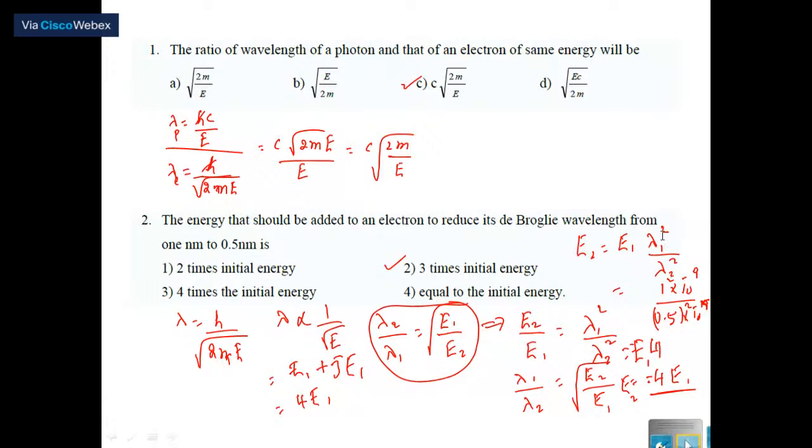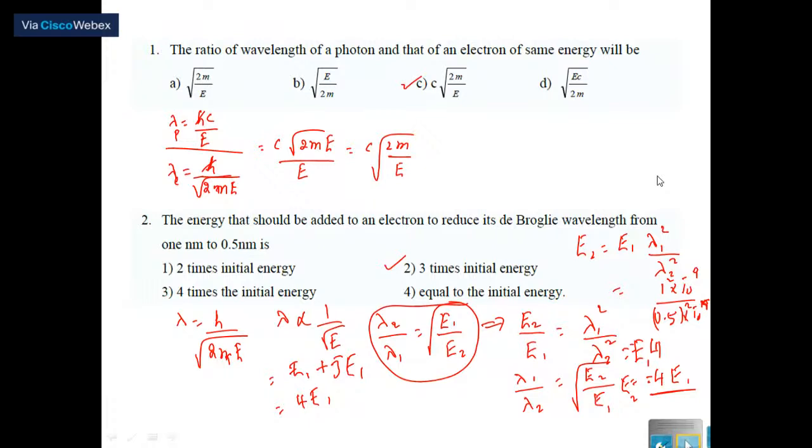Question number 2. Okay. Fine. The energy that should be added to an electron to reduce its de Broglie wavelength from 1 nanometer to 0.5 nanometer.